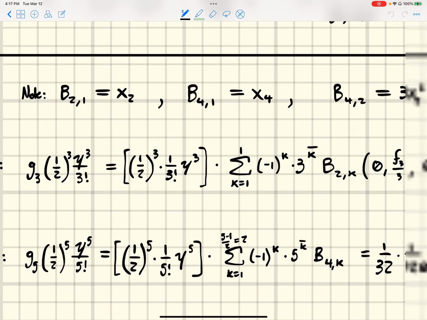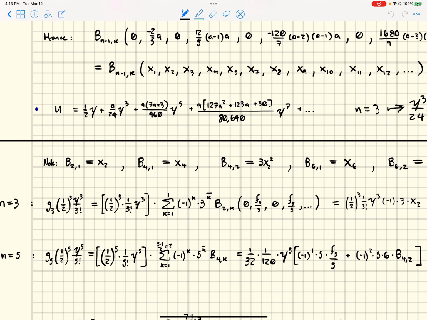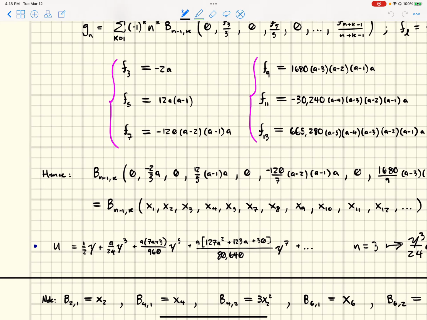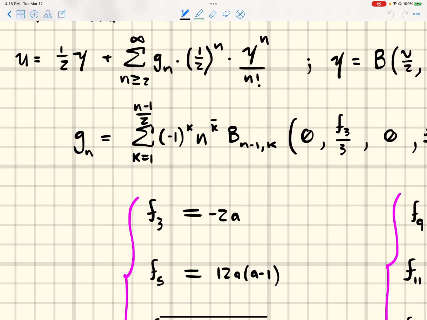Here we're going to take the sum from 1 to 1, because if you go back up to the formula, that sum goes from 1 to 1 when we choose n equals 3, because 3 minus 1 is 2, divided by 2 is 1.